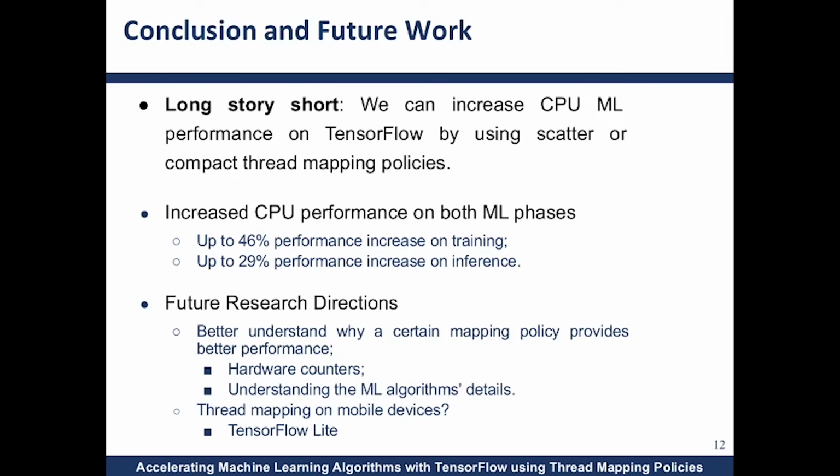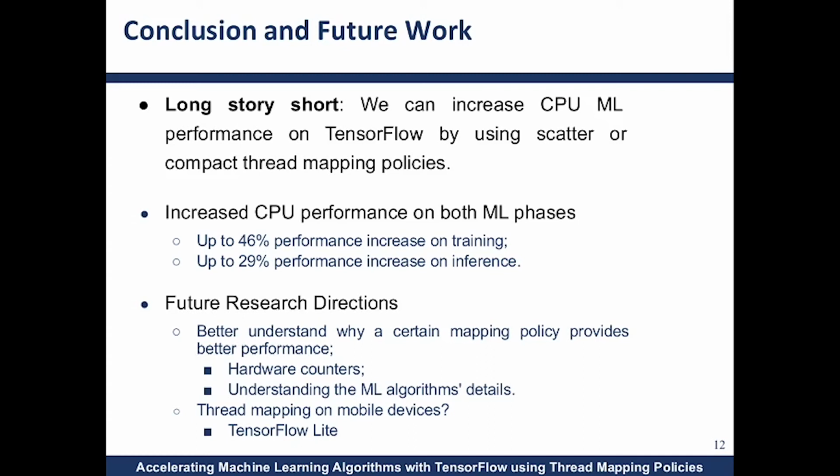So, to summarize, we noticed that by making different assignments of threads to cores, for machine learning algorithms developed under the TensorFlow library, we can in fact increase the performance of these applications. In our experimental campaign, we achieved up to 46% performance increase in the training phase, and 29% on the inference phase, when compared to the default thread mapping policy of the platform.